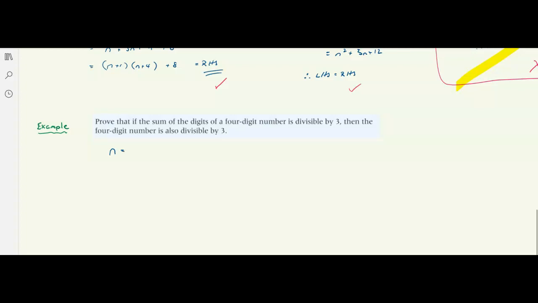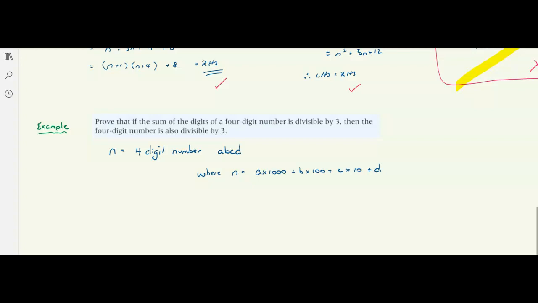I'm going to say that n is equal to the 4-digit number A, B, C, D. So n is equal to A times 1000, because that's the place value of the A, plus B times 100, plus C times 10, plus D.